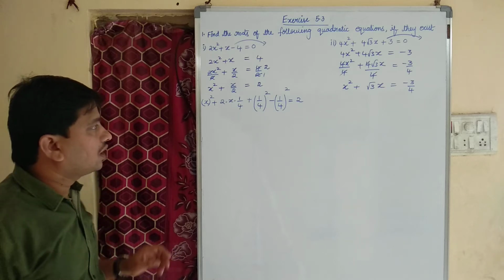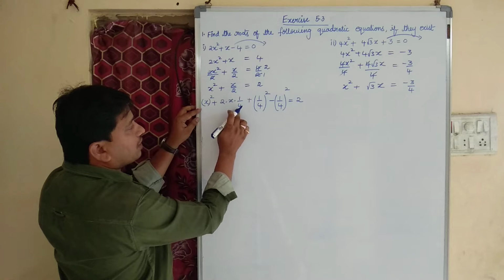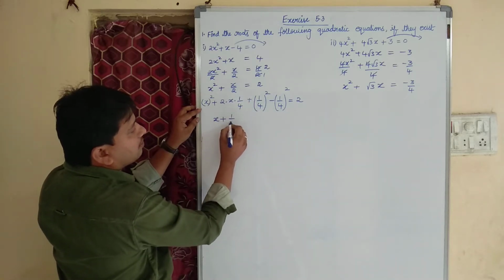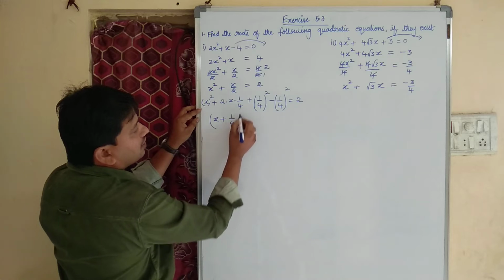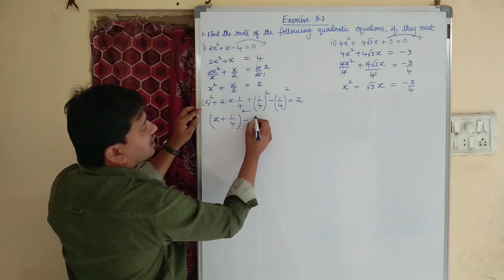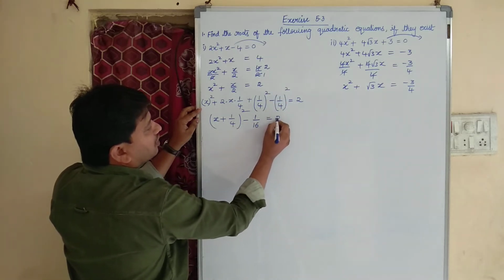Right? Now if you observe here, it is in the form of a square plus 2ab plus b square, whose formula is a plus b whole square, minus 1 by 4 square, which is nothing but 1 by 16, equal to 2.